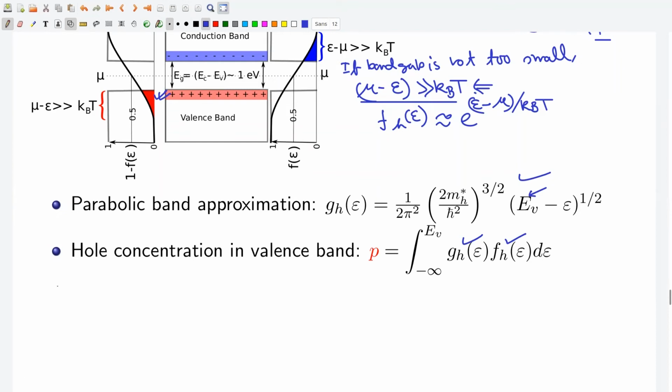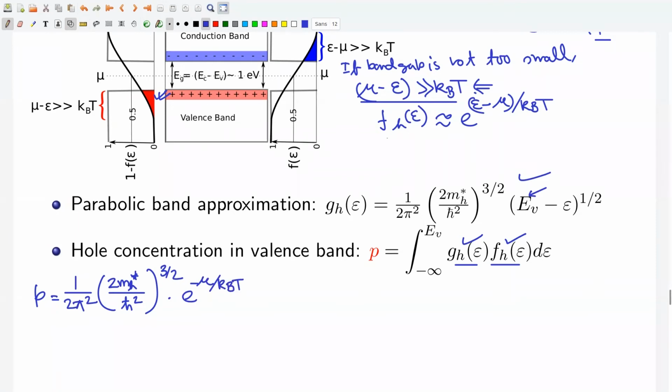Putting the value of density of states and FH, we get P is equal to 1 by 2 pi square times (m_h star divided by h bar square) whole power 3 by 2 times e power minus mu by kBT.